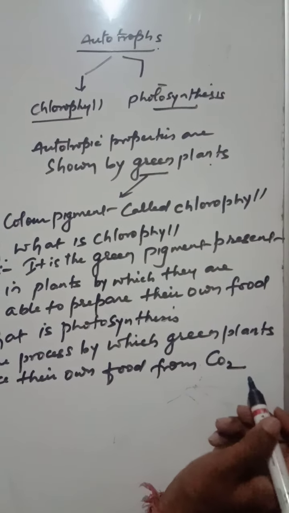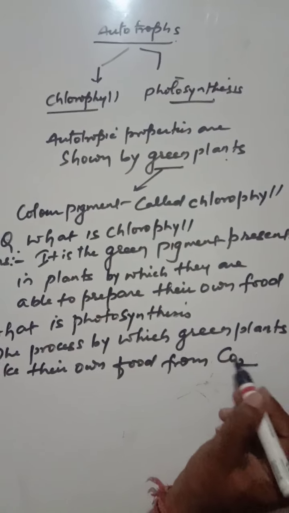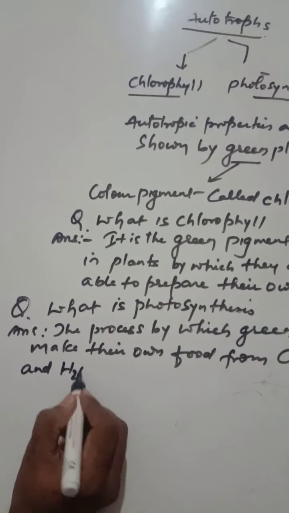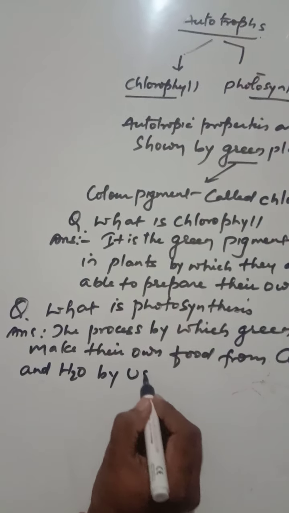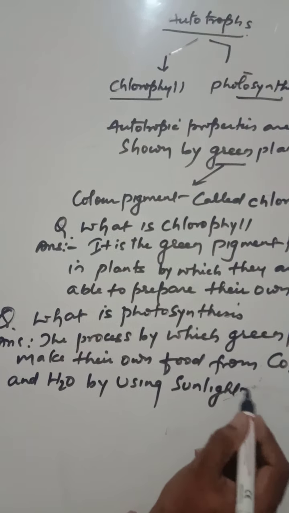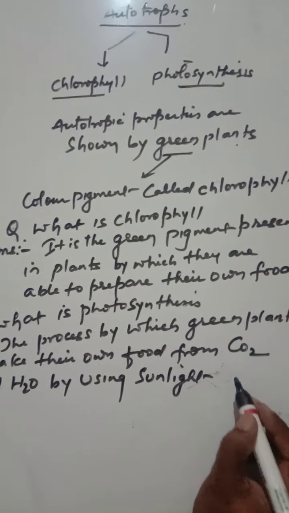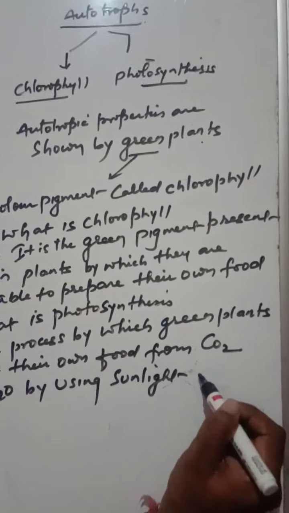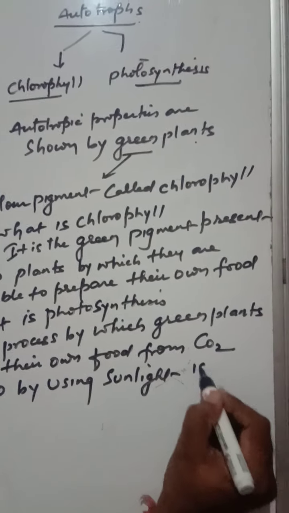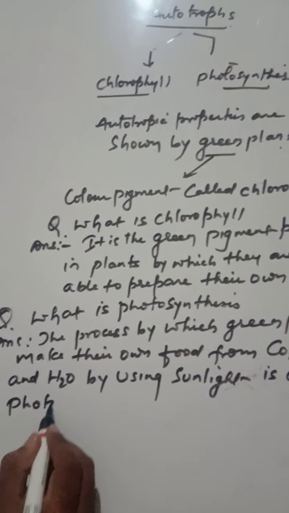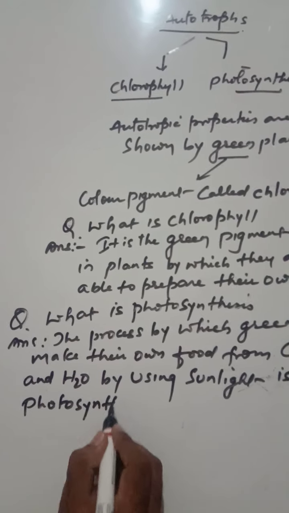I am writing the formula so that you may have the knowledge of the formula also. In the presence of chlorophyll, means green plants, it's called photosynthesis.